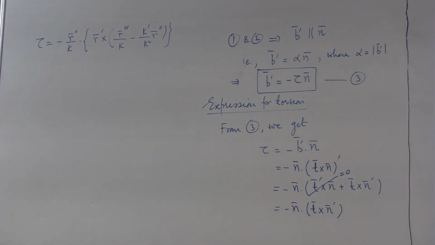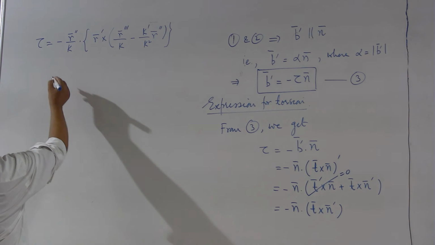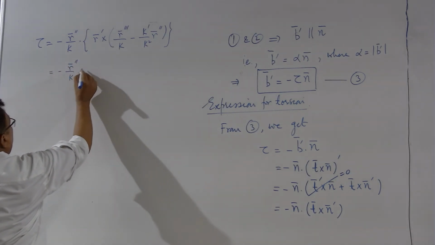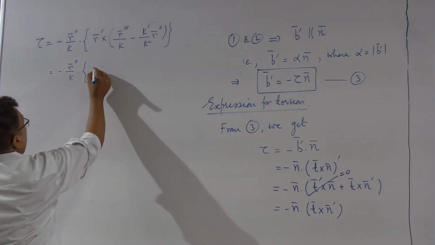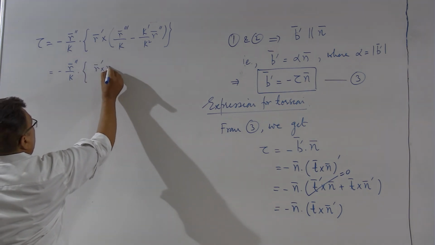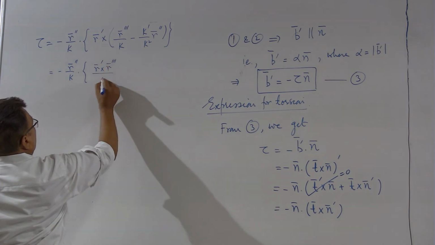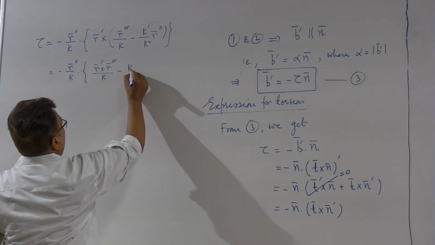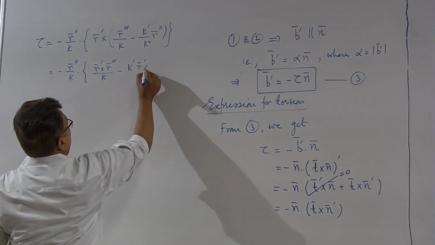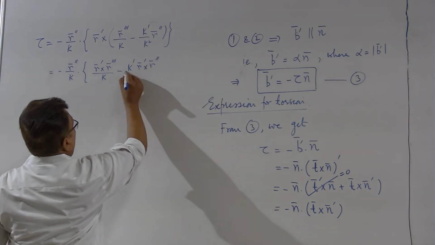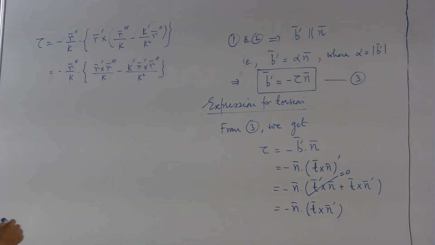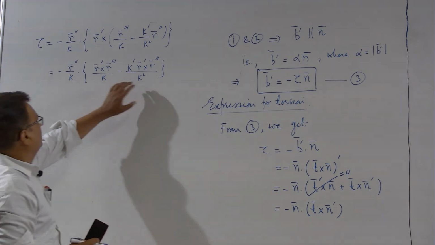Now consider this cross product. So, this is minus r double dash upon k dot, this becomes r dash cross r triple dash upon k minus k dash into r dash cross r double dash upon k square. Now, you consider the dot product of these two vectors with this.